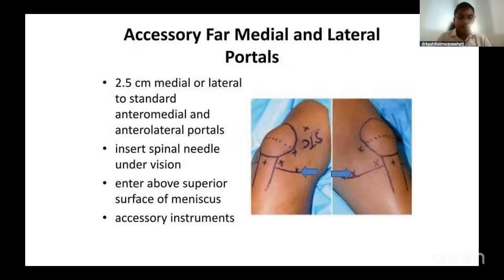So then coming to the incision, many people go with the horizontal incision, some go with the vertical incision. It has both advantages and disadvantages in terms of injury to the veins or the saphenous nerve branches.